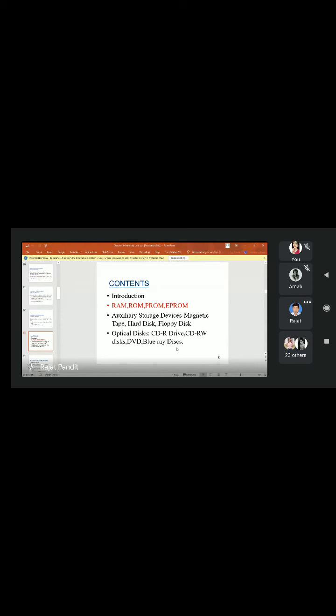Now we'll talk about the RAM, ROM, PROM, EPROM. Then we'll see the auxiliary storage devices. Then we'll see the optical discs. Under optical discs there are CD-R drives, CD-RW discs, DVD, Blu-ray discs, and others.